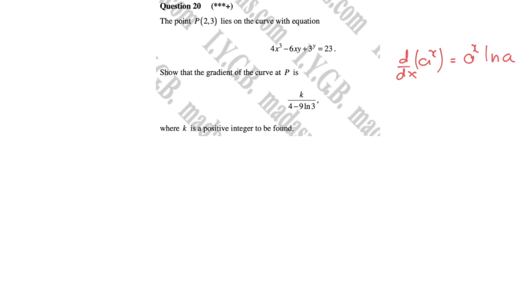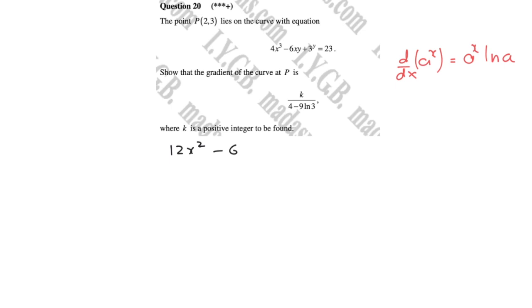So here, let's start with everything. Let's start with differentiating 4x cubed. You end up getting 12x squared, as simple as that. Now minus, so if you're not confident, do it separately. If you're confident, whack it in straight away. You know that there's -6, leave it alone.